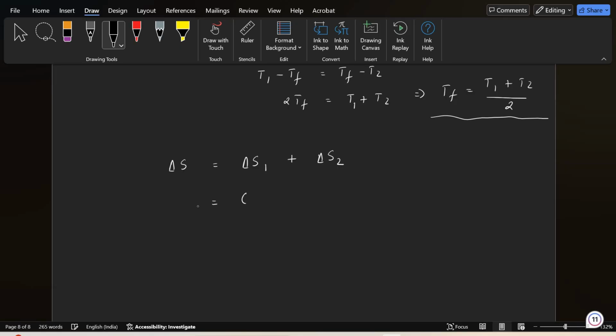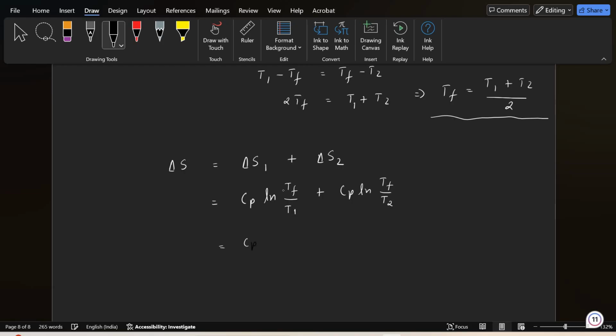Since it's done at constant pressure, it is Cp. So it's Cp ln Tf by T initial, which is T1, plus Cp ln Tf by T initial, which is T2 here.